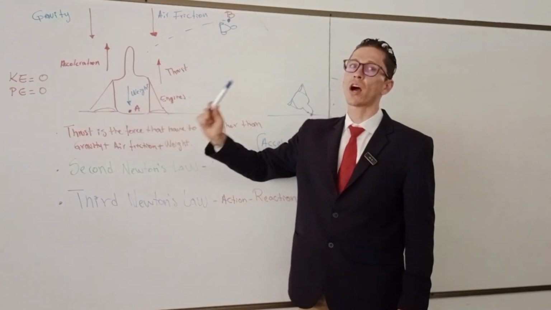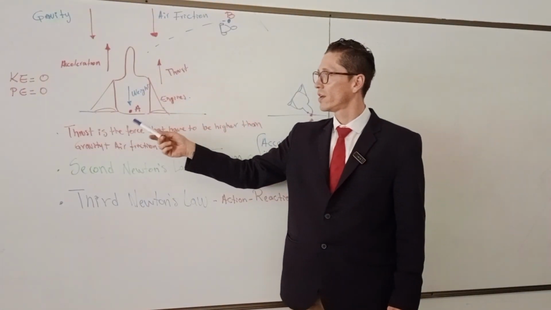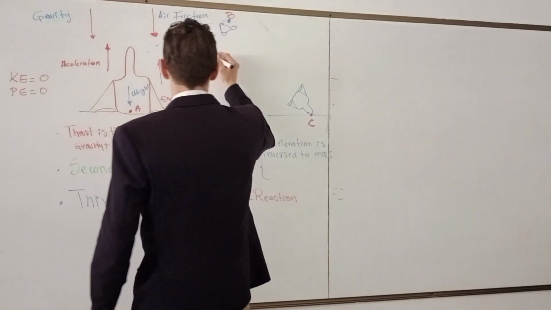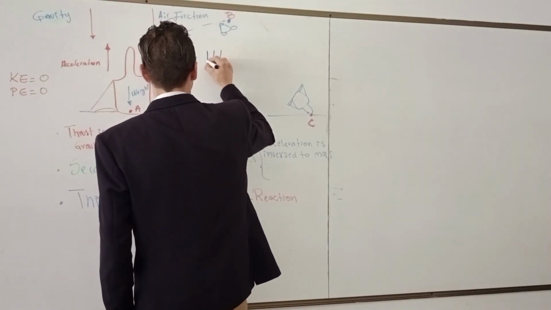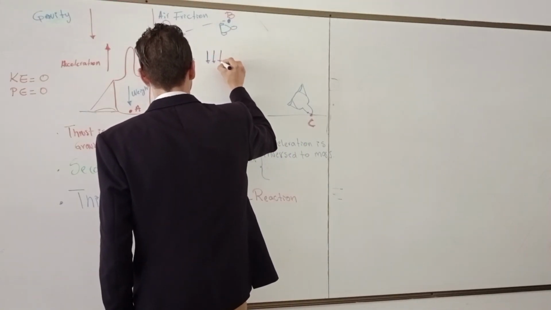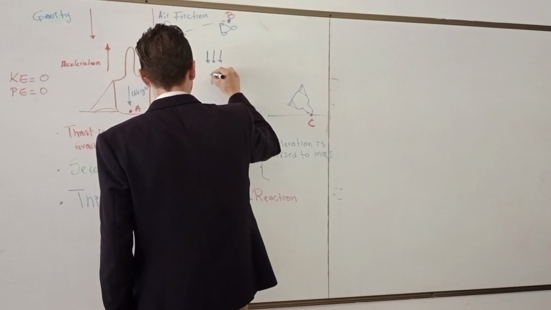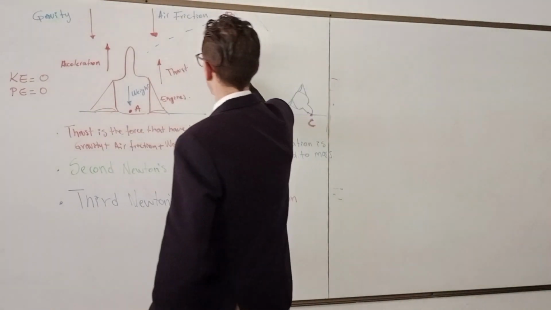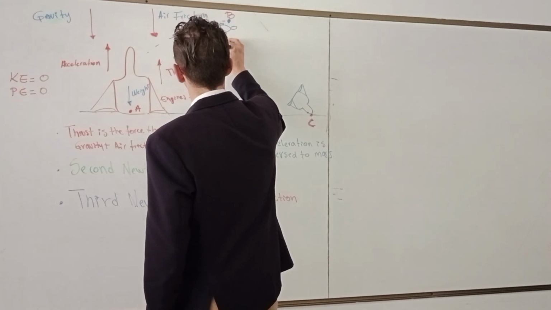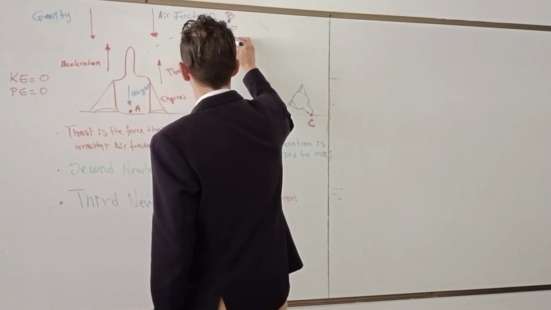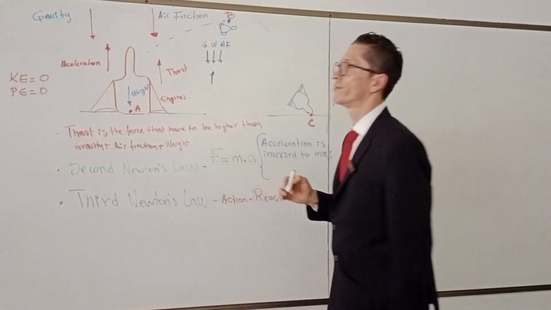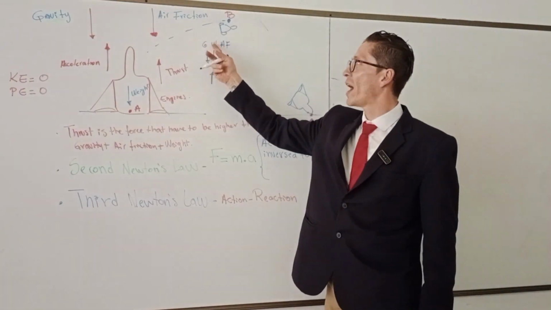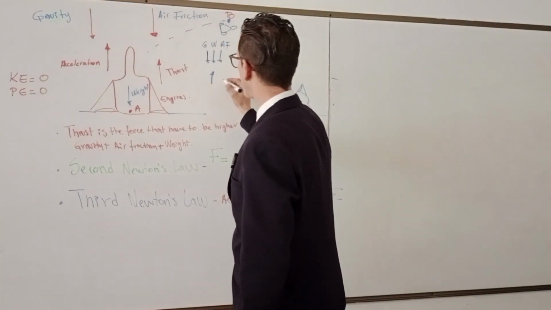At this point that we have no takeoff yet, what are the forces? Okay, the forces are the three main forces: gravity, weight, air friction. What is the positive force?